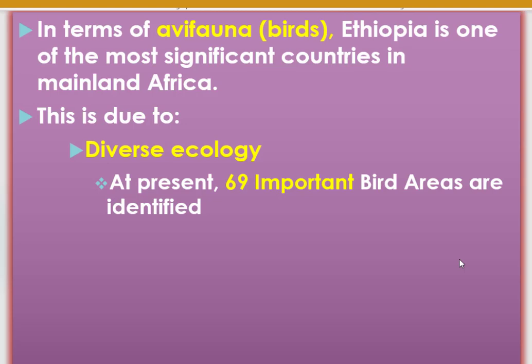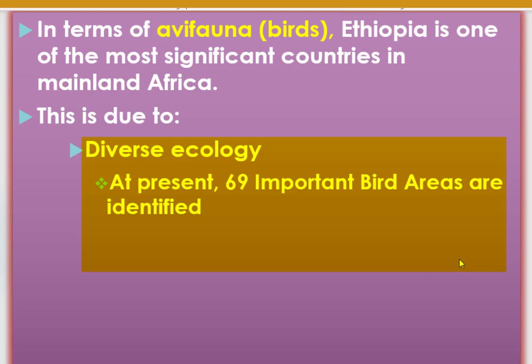In terms of avifauna or birds, Ethiopia is one of the most significant countries in mainland Africa. Ethiopia's diverse ecology contributes to the existence of tremendously diverse bird life. As we see from the table, there are over 861 bird species in Ethiopia.